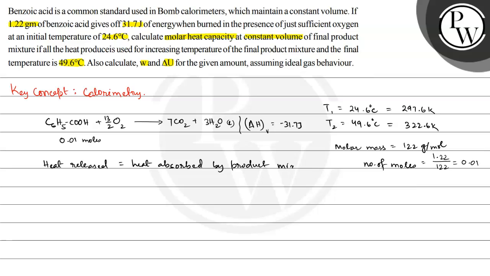Heat released is 31.7 joules and the heat absorbed by product mixture would be number of moles of product mixture multiplied by the molar heat capacity of product mixture multiplied by the temperature difference.